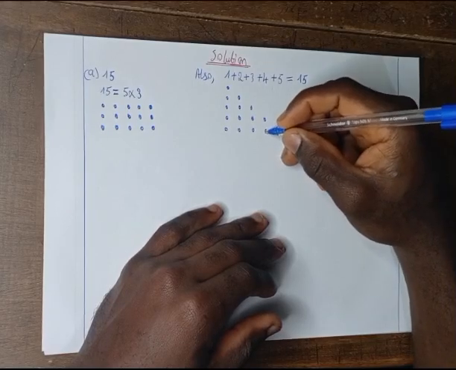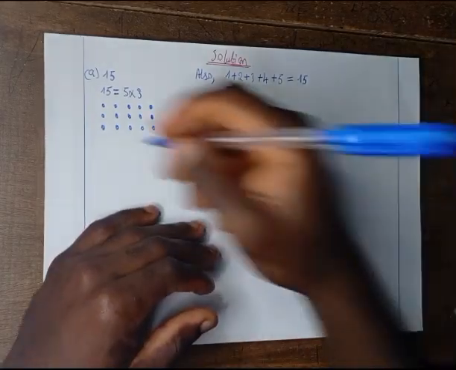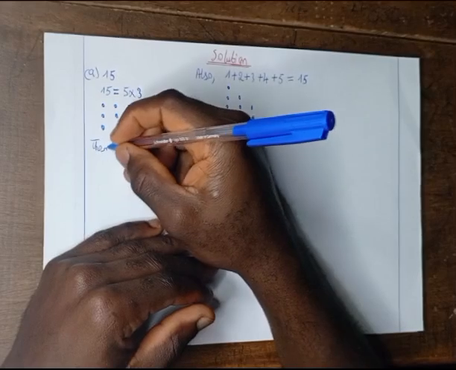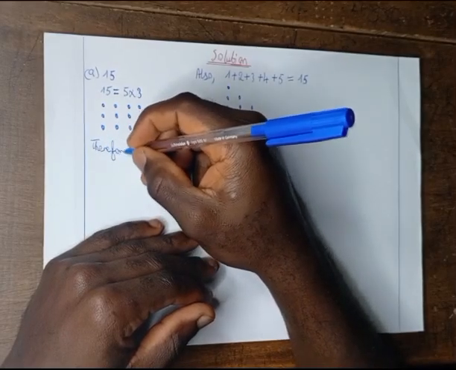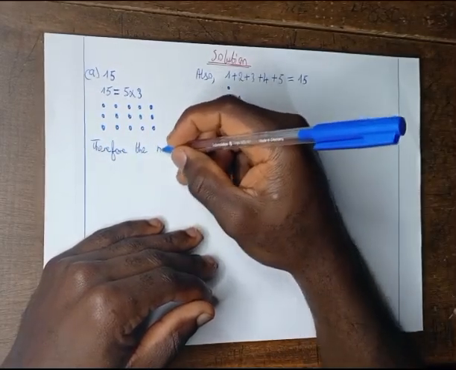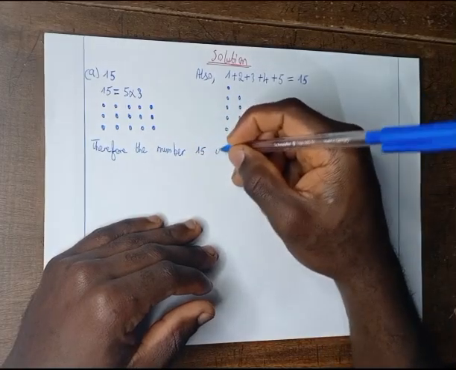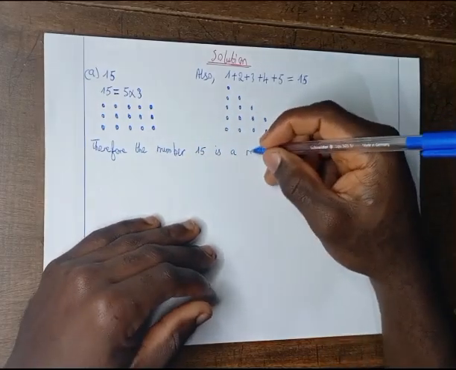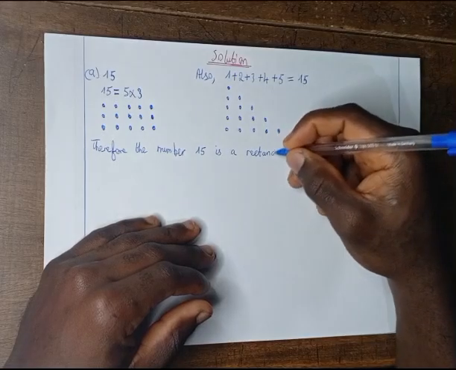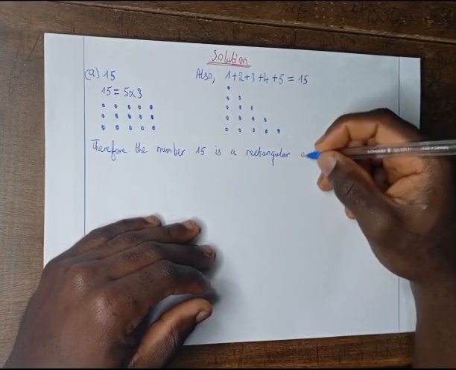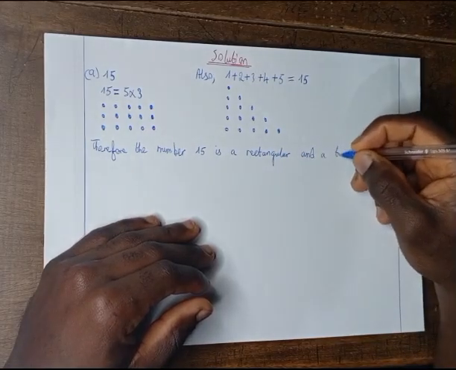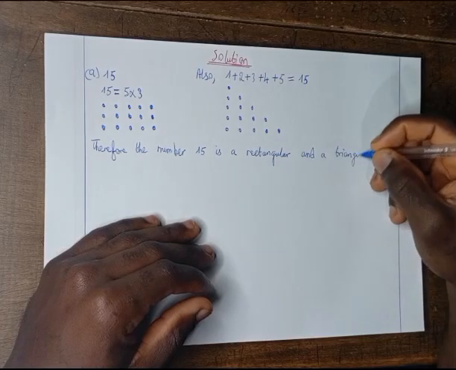Therefore, the number 15 is a rectangular and a triangular number.